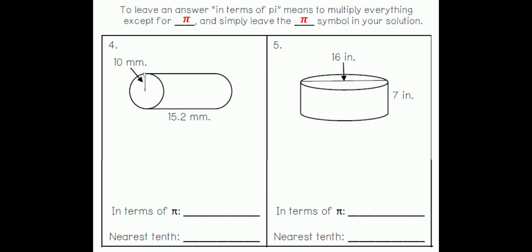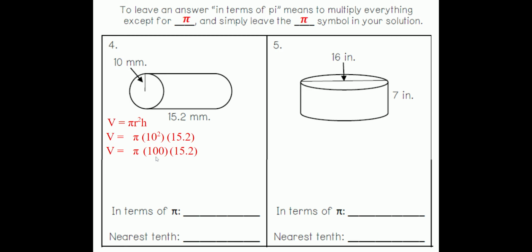In this example, we're rewriting our formula. Volume equals pi r squared times h. We don't know volume, but we do know that pi is pi. We know radius is 10, so we're replacing r with 10, and we know height is 15.2, so replace h with 15.2. If you square 10, it's going to be 100 times 15.2.